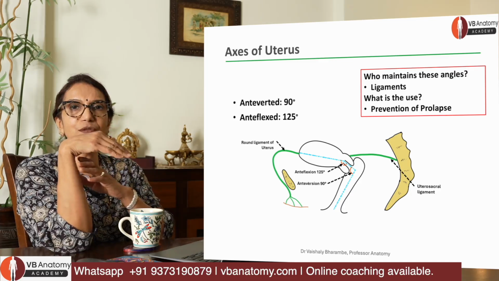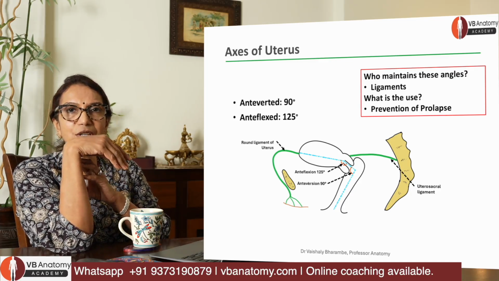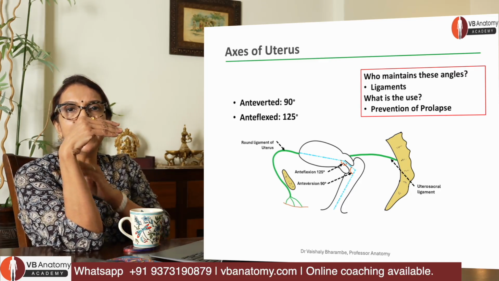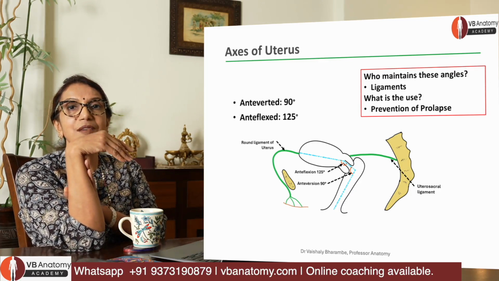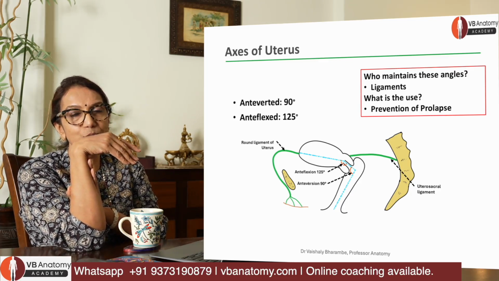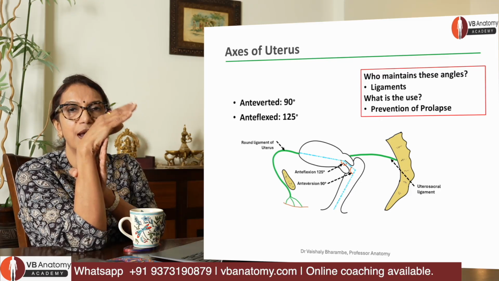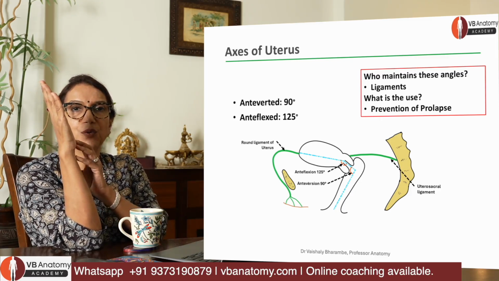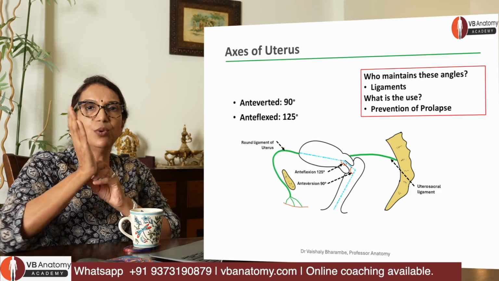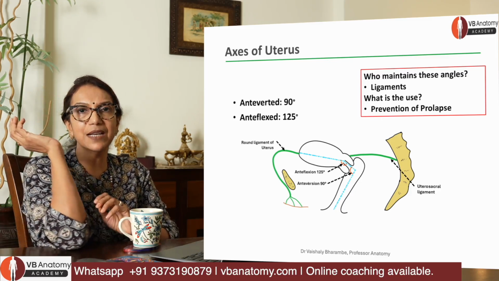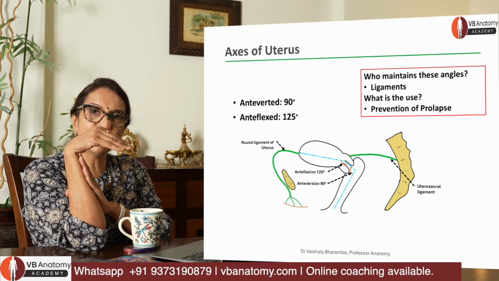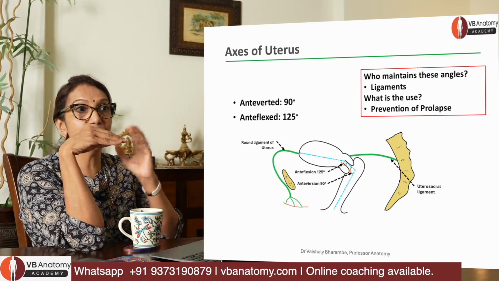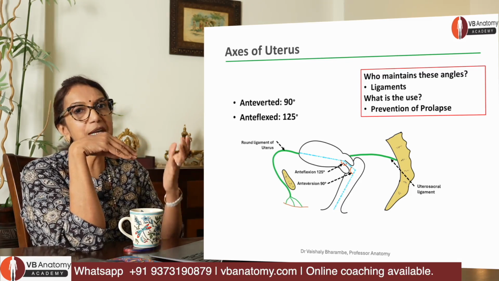The axis of the uterus and the cervix is such that it is unable to come in the direction of the axis of the vagina, which is required if a prolapse has to take place. So now just use your hand to make it come back, and imagine how easy it would be for the uterus to use gravity and slowly begin to slide out through the vagina. So this position is a strong positional way of preventing prolapse.